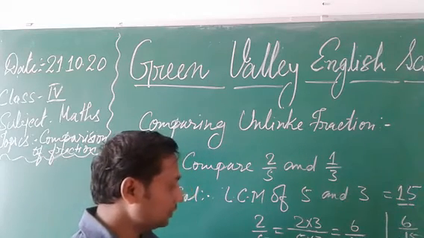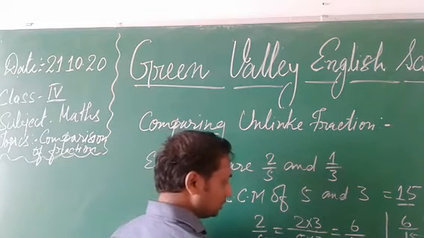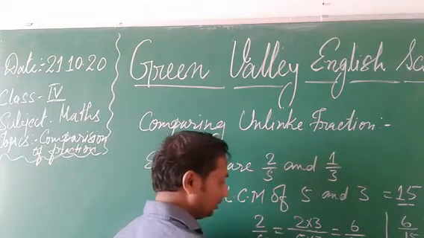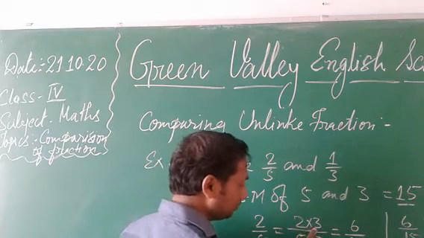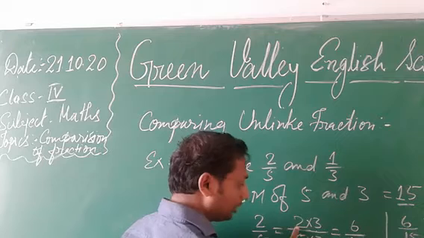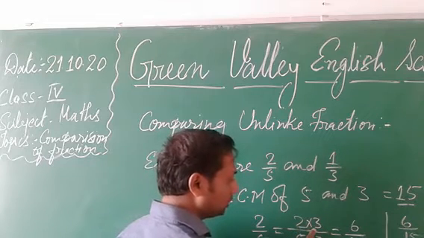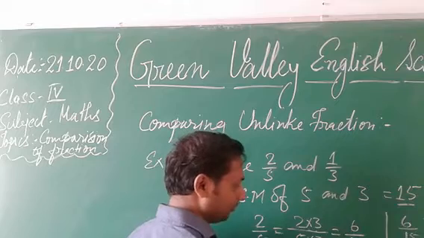For converting them, for getting 15 as a denominator, we have to multiply 3 with the denominator, and with the same number we have to multiply the numerator also. So 2 into 3 we shall get 6, and 5 into 3 we shall get 15 here.